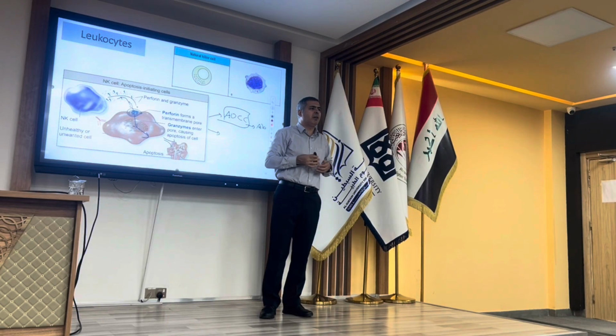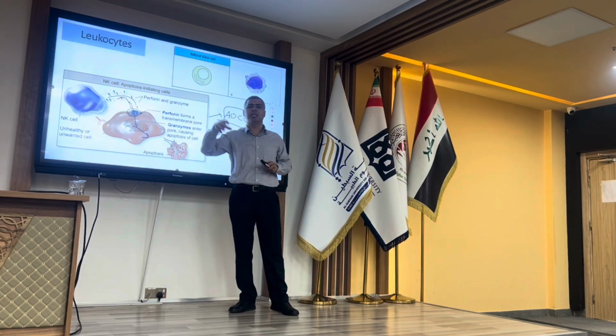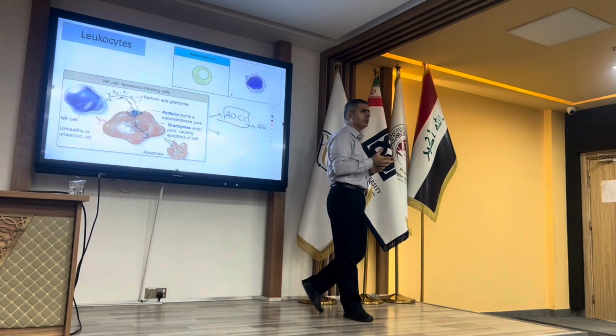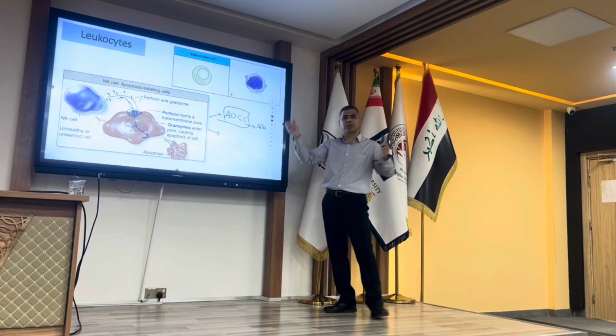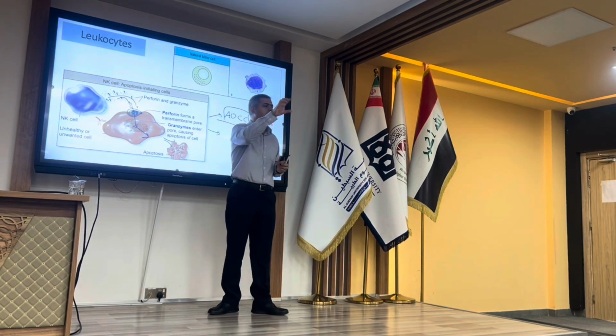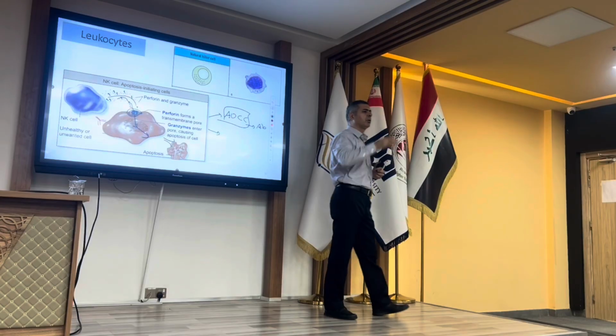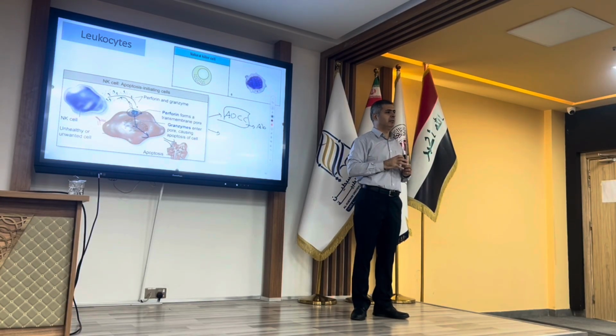NK cell will find out that, oh, this cell is abnormal, I have to kill it, by detection of the stress proteins. When a cell is under a stress condition, it should be eliminated from the normal cells. So NK cell does this by recognition of those stress proteins or abnormal proteins on the cells.